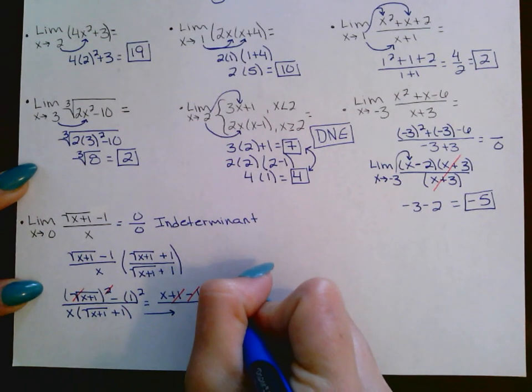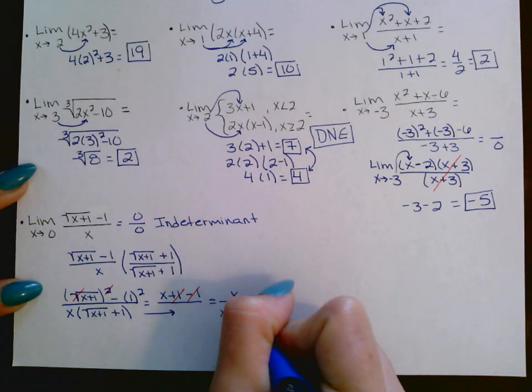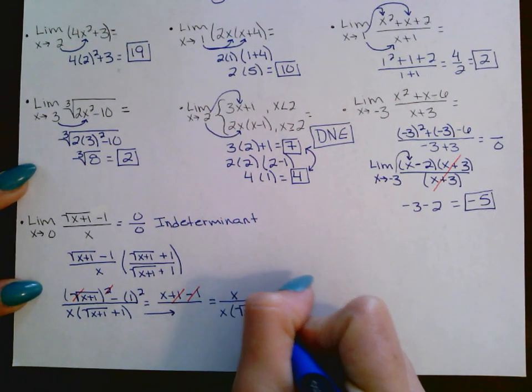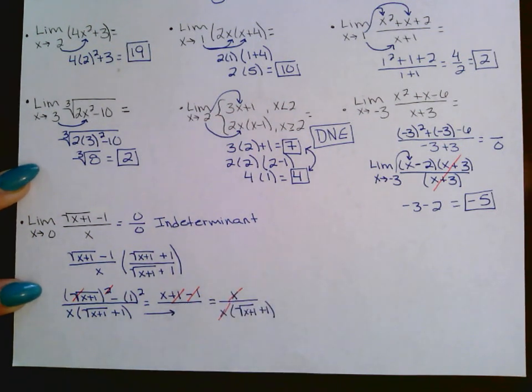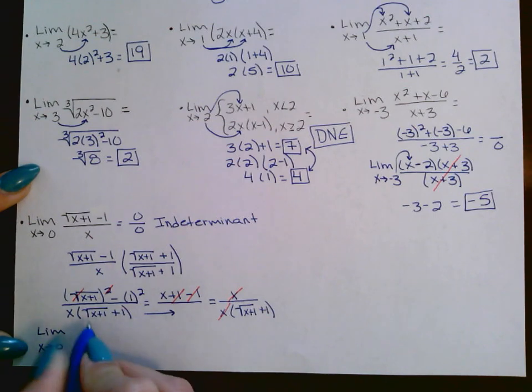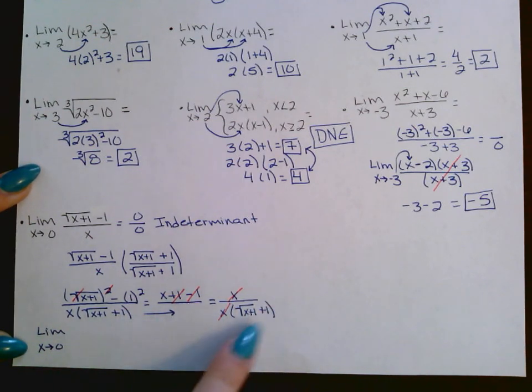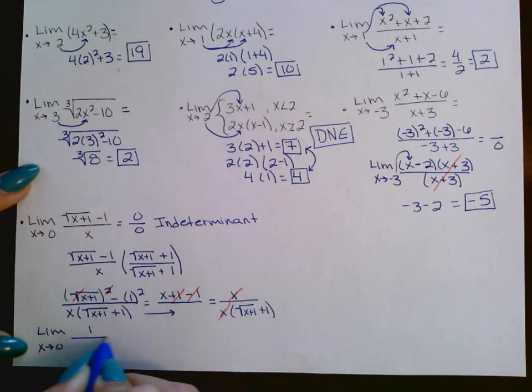to just x over x times square root of x plus 1. And one more time, we see that these x's cancel. So what I'm really working with is the limit as x approaches 0 of my remainder here, what I'm left with, which this is in the denominator, so I have to put a 1 in the numerator, over square root of x plus 1, and all that plus 1.